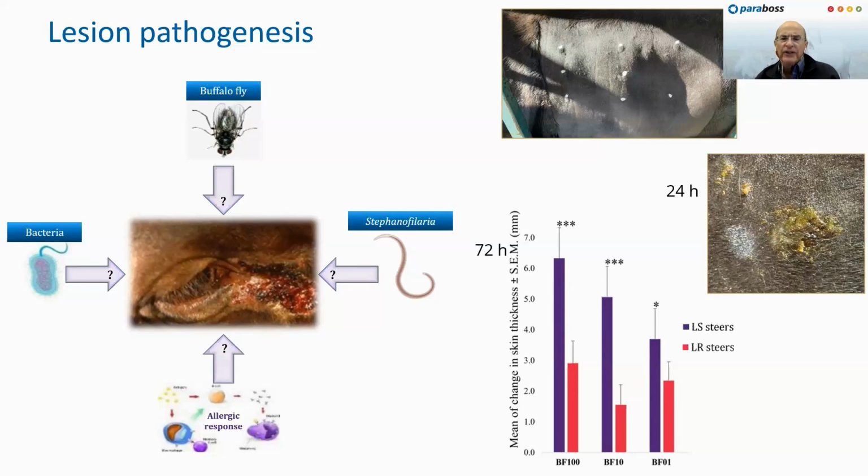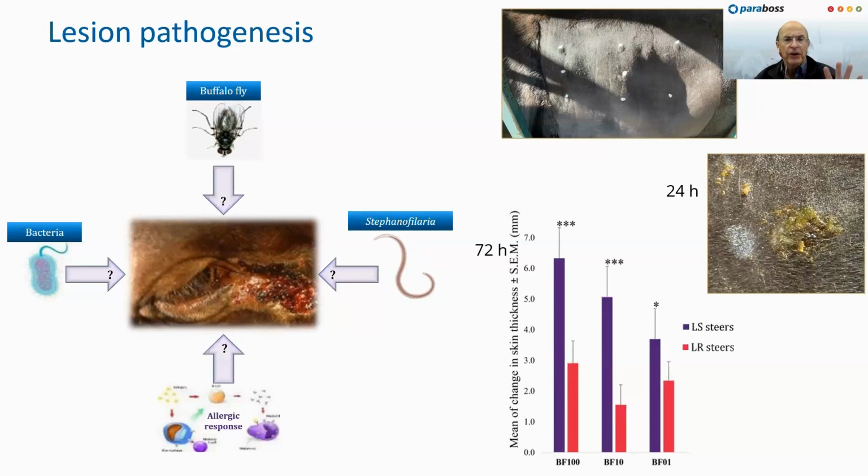When we looked at the size of the wheals and the skin thickness in animals which had high numbers of buffalo fly lesions, the purple ones, as compared to the low lesion scores, we found that the animals with high lesions had much bigger immune responses to the antigens than did the more resistant ones.